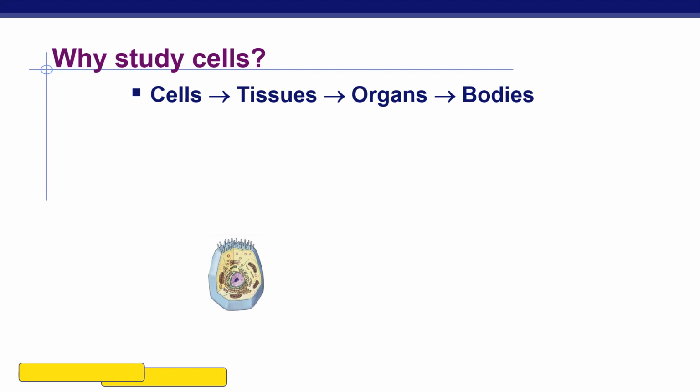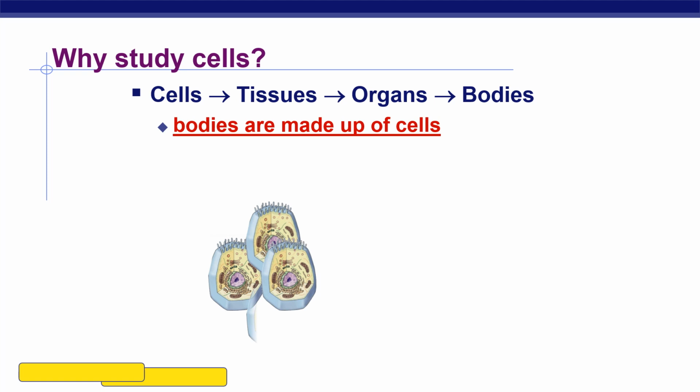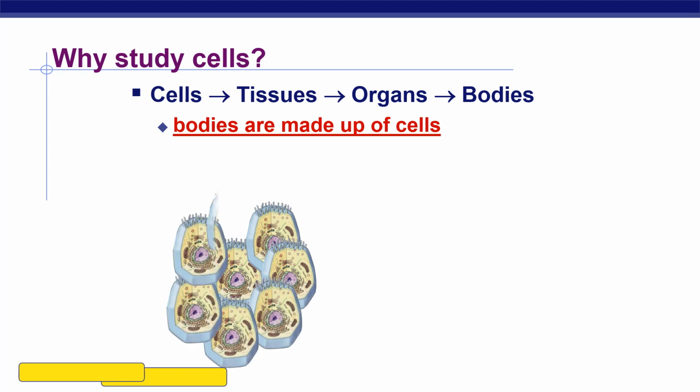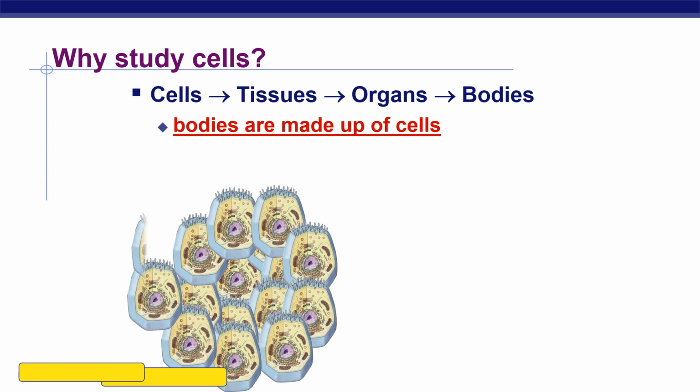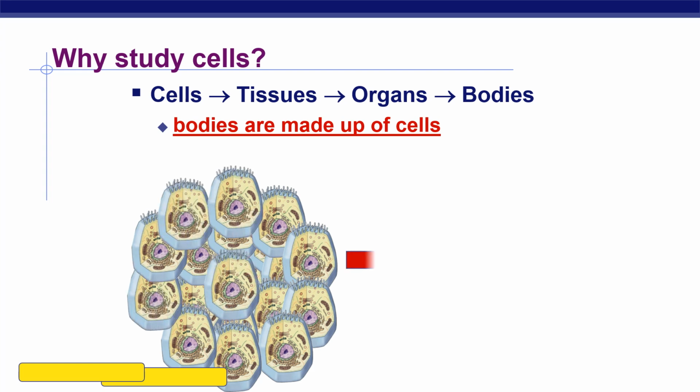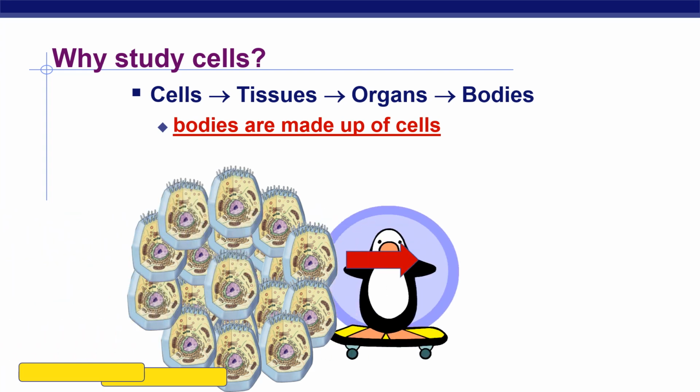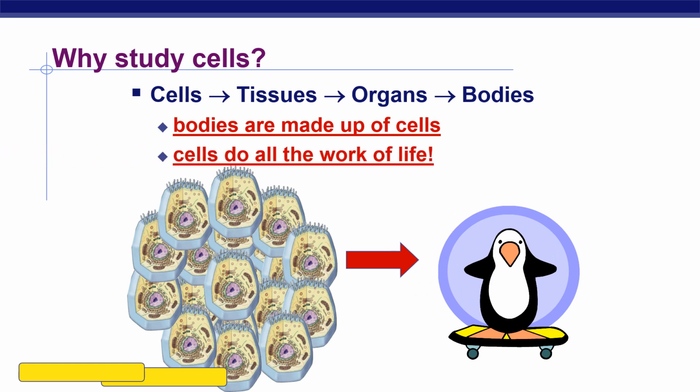If you are going to put together all the organs, it will make up the body of the organism. So, bodies are made up of cells. Okay? And cells do all the work of life.